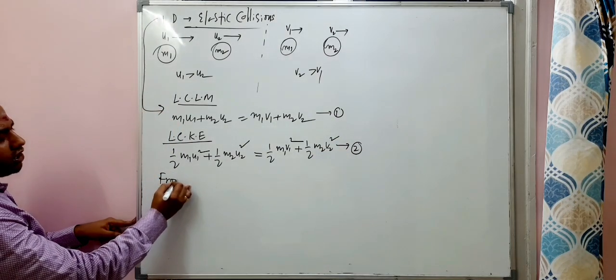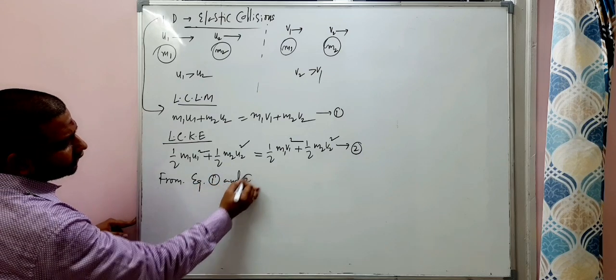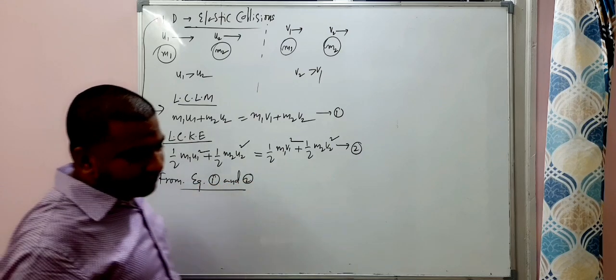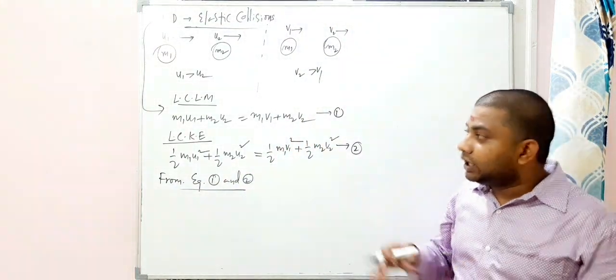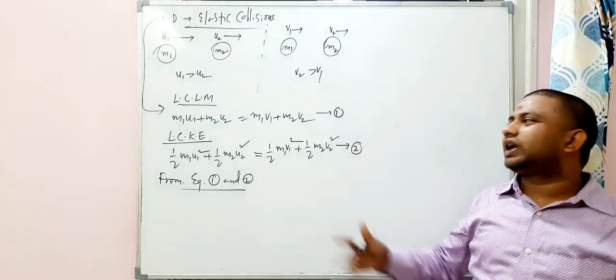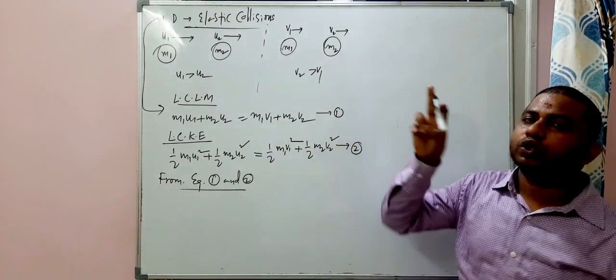From equation number 1 and 2, everybody observe here. There is a huge derivation when you divide these two equations, equation 2 divided by equation 1.